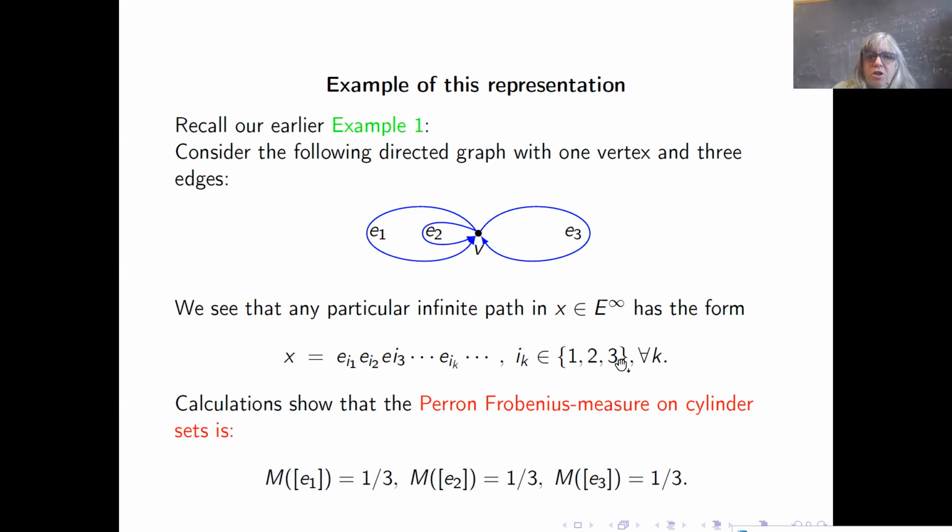So it's really the Cartesian product of the index set 1, 2, 3 infinitely many times. And here you can check that your Perron-Frobenius measure is such that, we just had the 1-by-1 matrix with single entry 3. So we get our equidistributed measure, that the measure corresponding to each edge set is the same, 1/3.